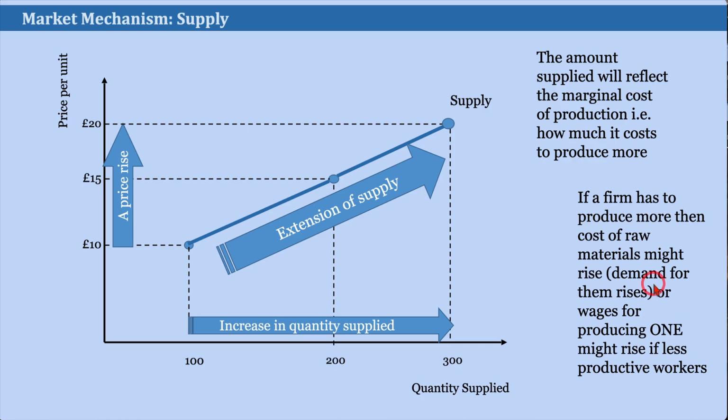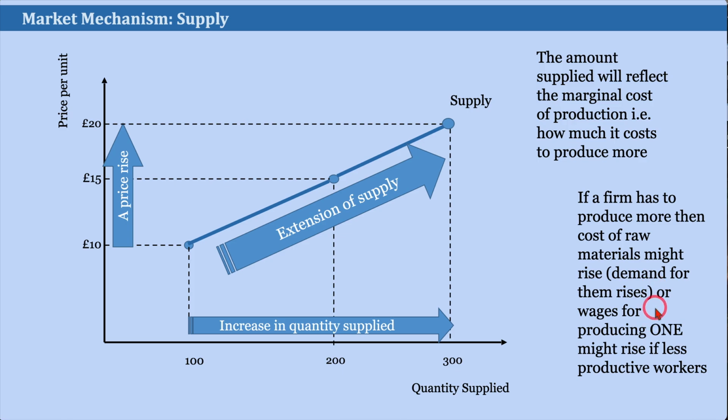So let's say this is a computer manufacturer, and it's saying, will I supply more computers? Well, as I demand more memory chips and RAM and motherboards and all of that, I'm going to be demanding more as a firm, and so the price in the market might start to rise for me, and so the cost for every one is going to rise.